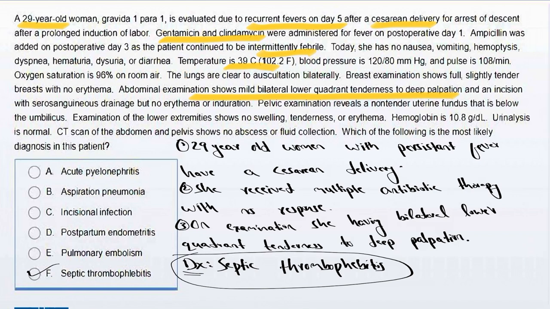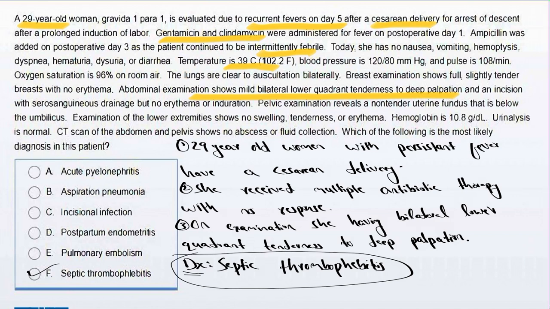Why choice F? Because this patient's presentation is consistent with septic pelvic thrombophlebitis, a complication associated with either pelvic surgery or the postpartum period. Septic thrombophlebitis is a thrombosis of the deep pelvic or ovarian vein, as seen in this patient.